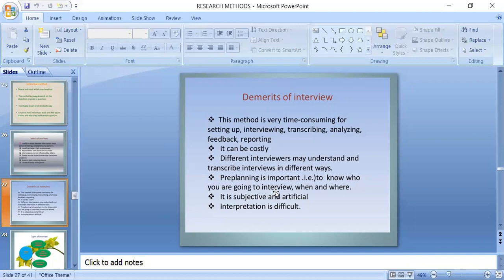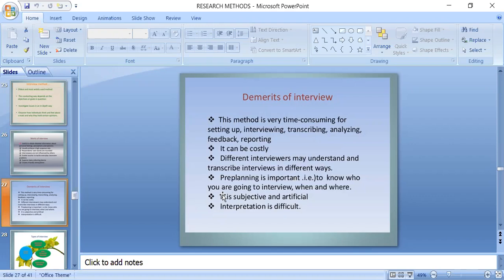Pre-planning is important. You have to arrange specific questions and know how you are going to interview, and when and where. This is a pre-planned program, not something all of a sudden, and it cannot be successful by conducting an interview in hesitation.